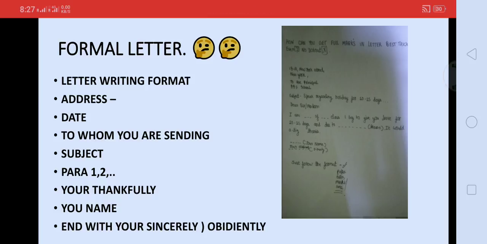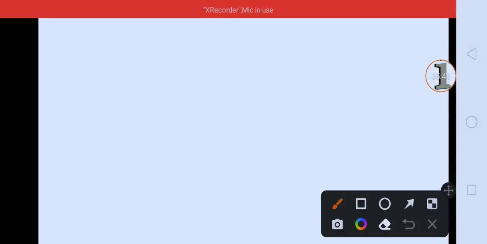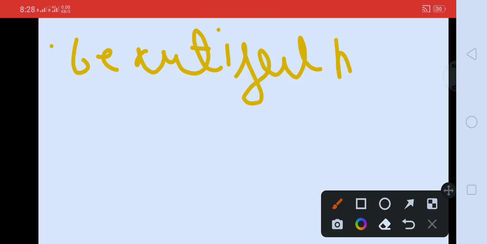The main key points that you have to remember while writing, let me tell you what the key points are. First, you have to always write in a legible, beautiful handwriting, so that the teacher can understand.